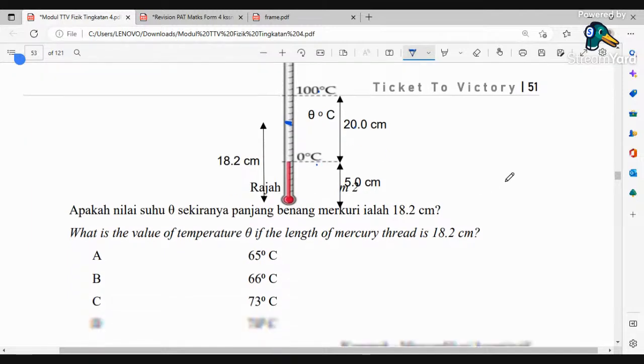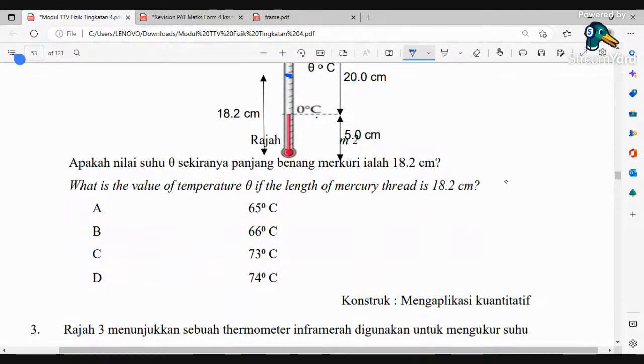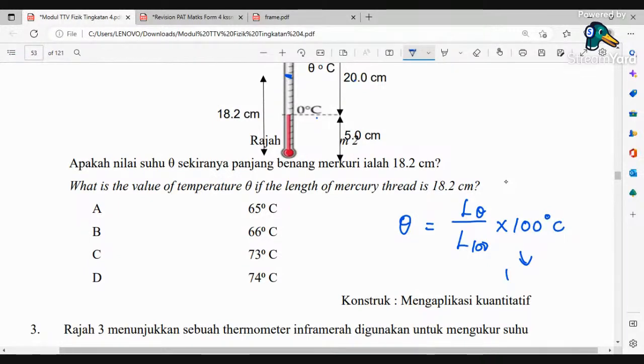We use the formula theta equals L theta minus L0, divided by L100 minus L0, multiplied by 100, the one used in the textbook.